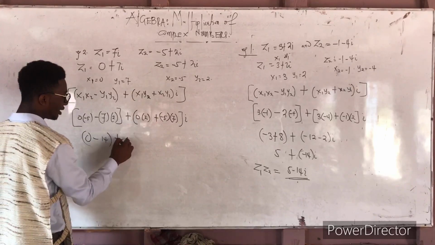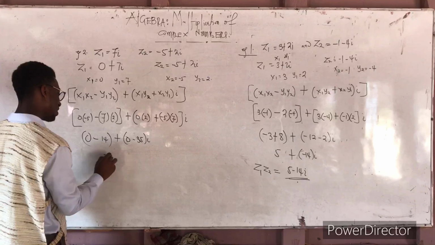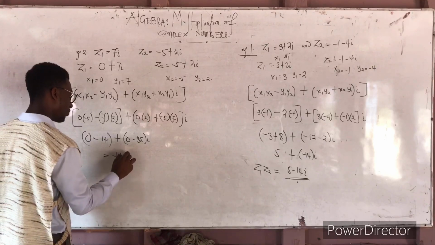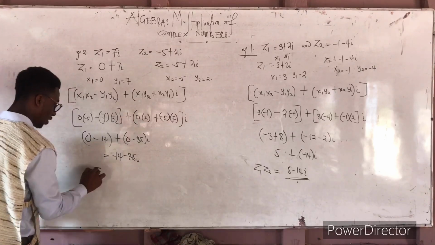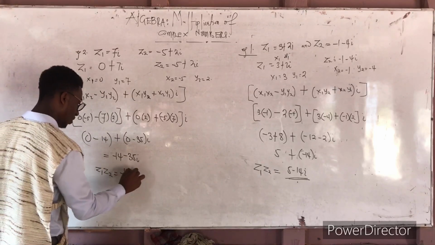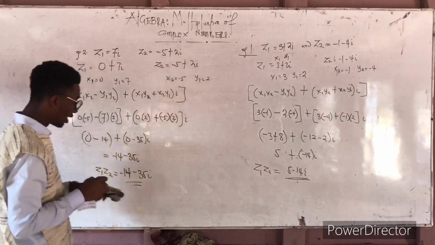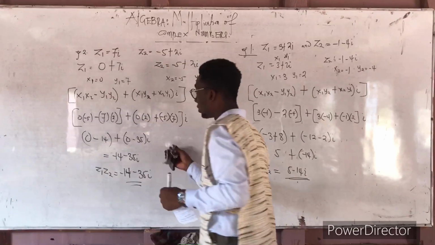When you do this, you are getting 0 minus 14, plus 0 minus 35, all times i. So therefore, the final answer here will be minus 14 minus 35i. So z1 z2 is minus 14 minus 35i. Okay, and this brings us to the end of this question.